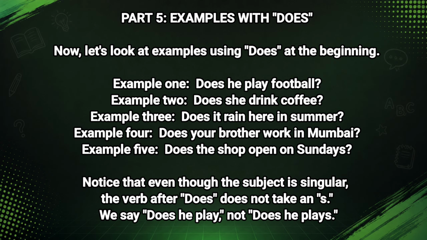Does the shop open on Sundays? Notice, even though the subject is singular, the verb after does does not take an s. We say does he play, not does he plays.